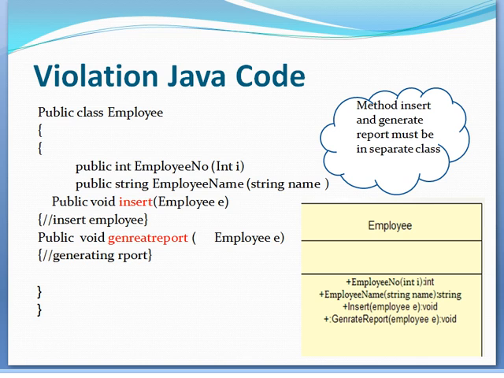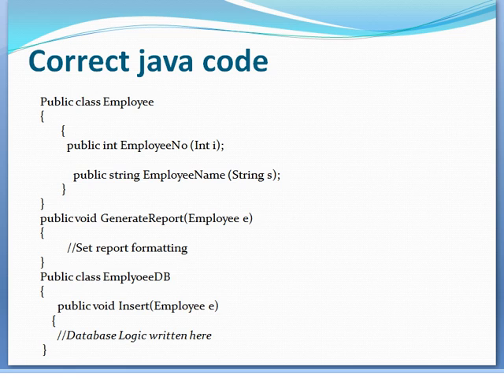The first responsibility is the employee number and employee name, and we can insert the employee through this class and generate a report through this class. All these responsibilities are in one class, so we have more than one point of change in this class. This is a violation example.